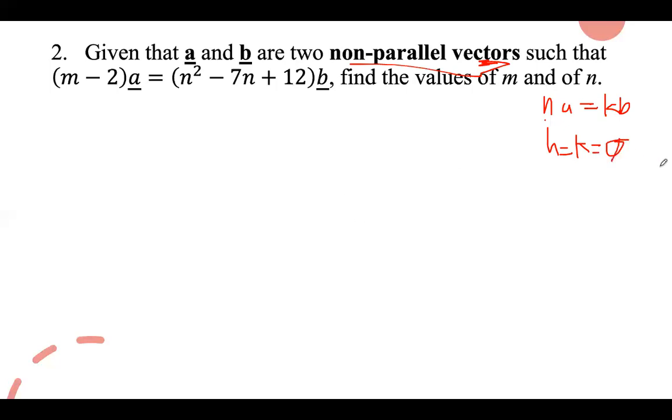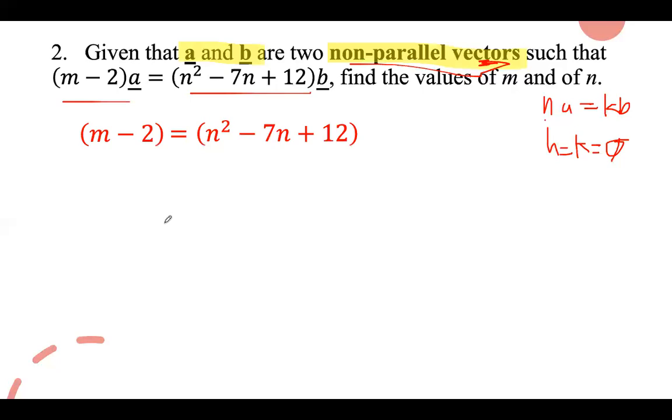Sorry for the disgusting handwriting. So the point is this is H, this is K, right? So M, A, B, non-parallel vectors. So M minus 2 equals N squared minus 7N plus 12 equals 0.